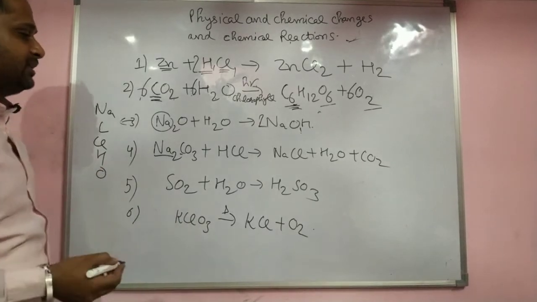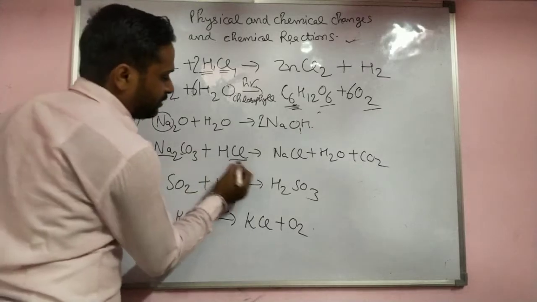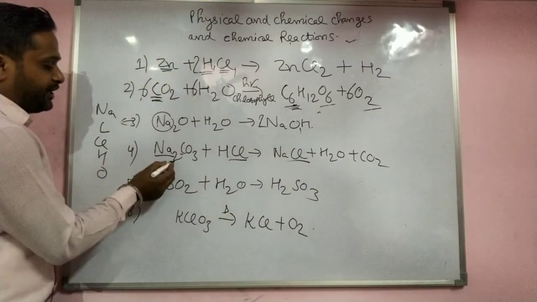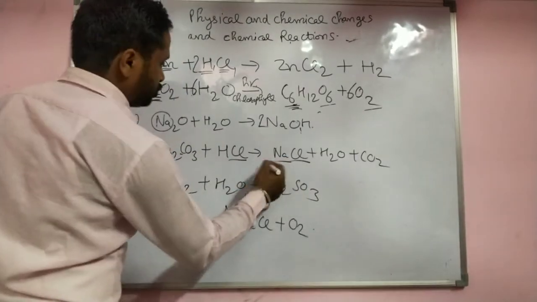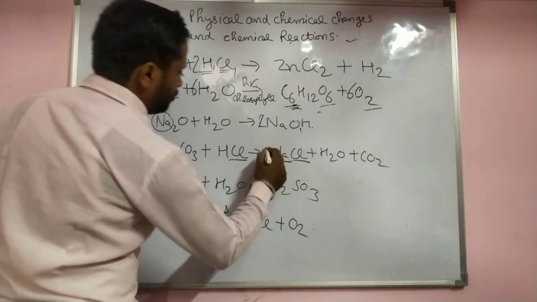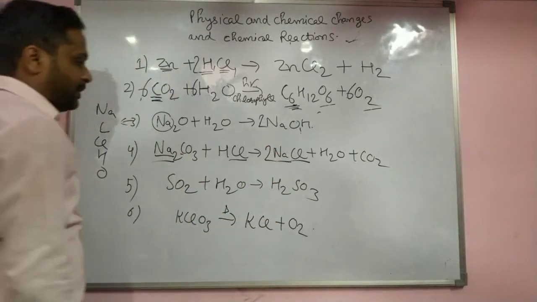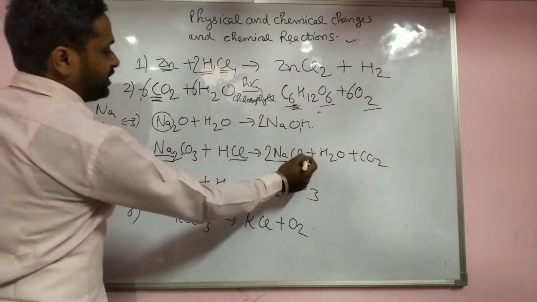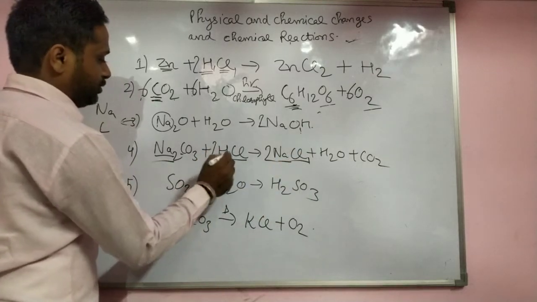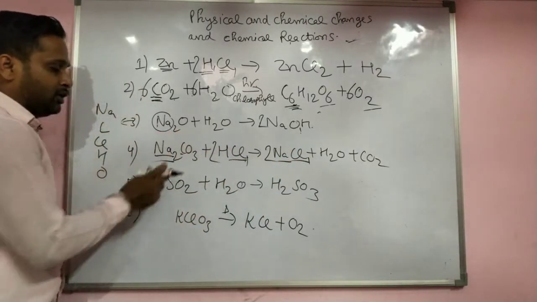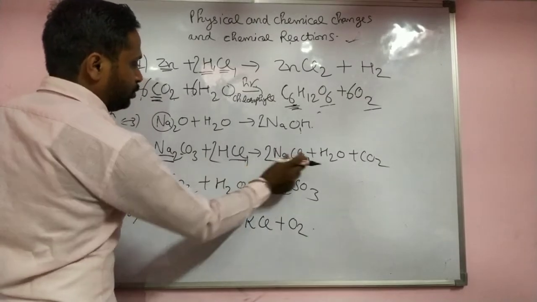First of all, you should balance the chlorine. Here chlorine 1, here chlorine 1. Sodium 2, sodium 1. What should you do? Multiply with 2. But now chlorine is also 2, so you should multiply with 2. That's why chlorine 2. Sodium 2, sodium 2. Chlorine 2, chlorine 2.